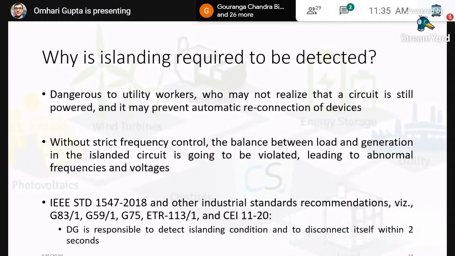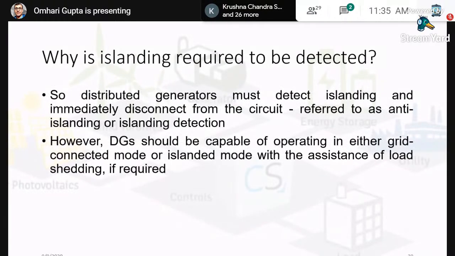They assume that you do not have control over the loads and you may not be able to balance the load and generation in the islanded mode. So distributed generators must detect islanding and immediately disconnect, referred to as anti-islanding or islanding detection.